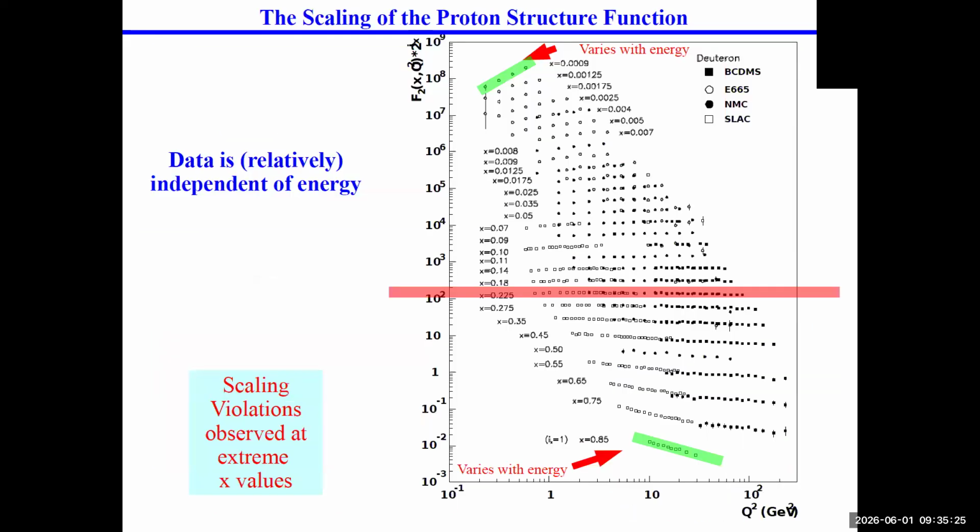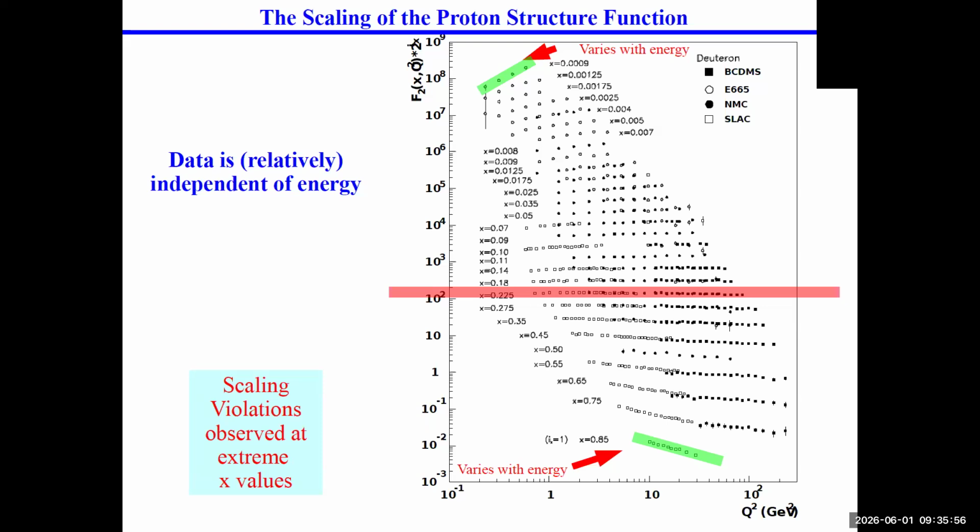What's interesting is if you measure these structure functions, for example F2, here's a compilation including a series of data. As a function of energy, it's roughly invariant. At large x and small x it deviates a little bit, but in the central region it's invariant of energy.